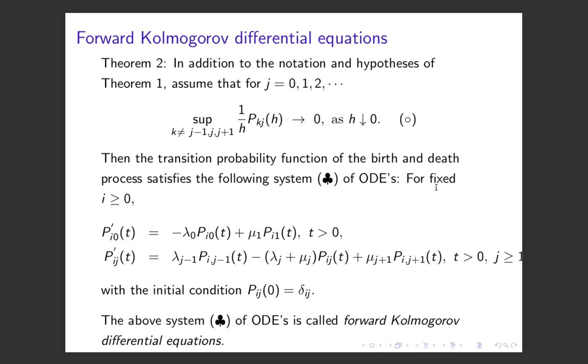Here i is kept fixed, and this corresponds to when j is equal to 0. Notice the differences in the forward and backward equations.